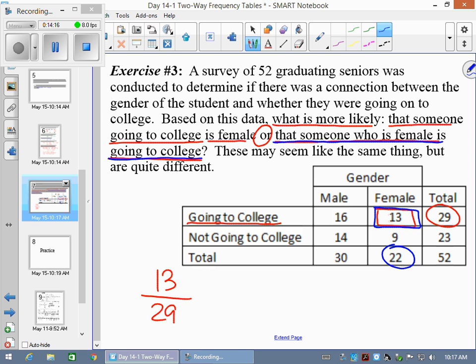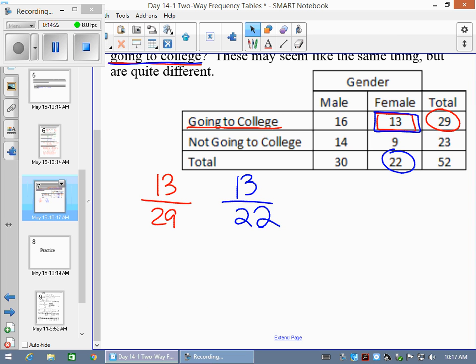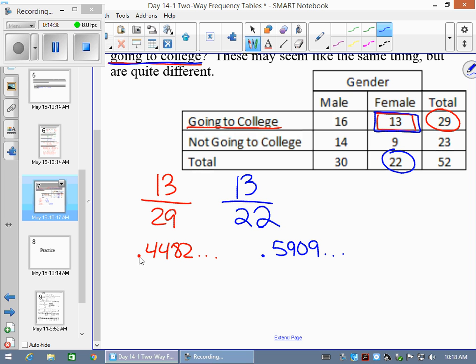So now we have to compare the fractions. Okay, so 13 out of 29 comes out to be about 0.4482. 13 out of 22 comes out to be 0.5909. So we can see here that it is more likely that a female is going to college than just going to college and happening to be female.